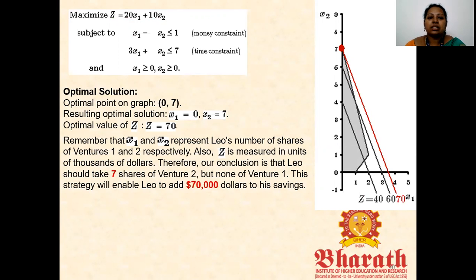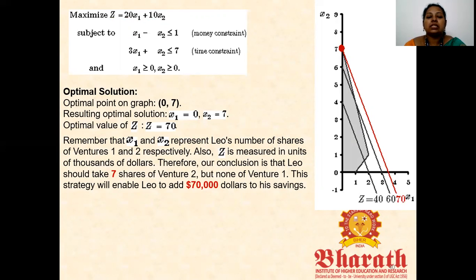Therefore, from this we can consider the optimum solution among all these solutions. The point that maximizes the objective function is only 0, 7. Therefore, from all these feasible solutions, we select 0, 7, which gives the maximum profit of $70,000.